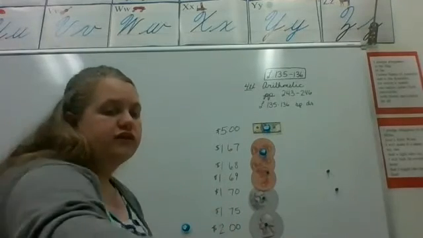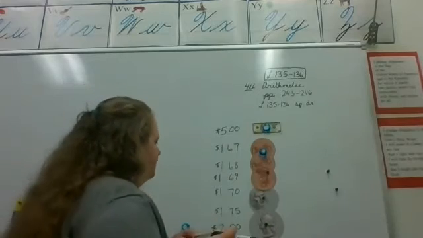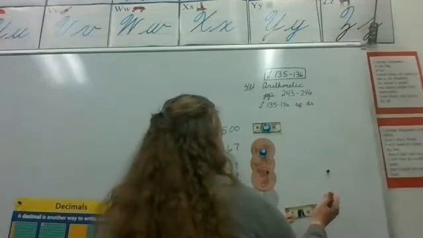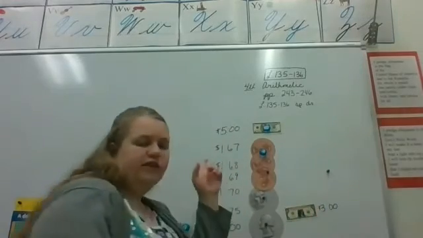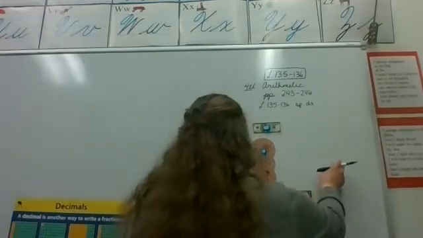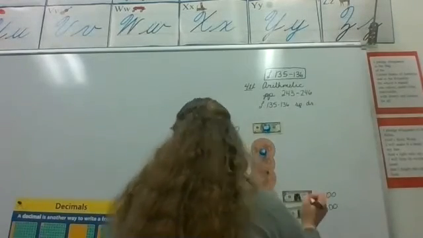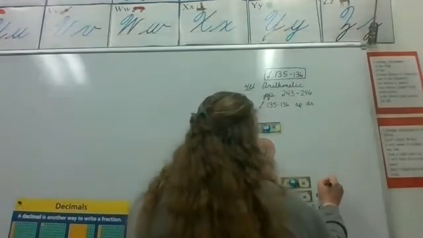Now we're at our dollars and we can just add however many dollars we need, right? Okay, so we're at $2. $1 gives us $3, right? And how many do we need to get to? 5, okay? So another one gets us $4. And one more gets us to $5.